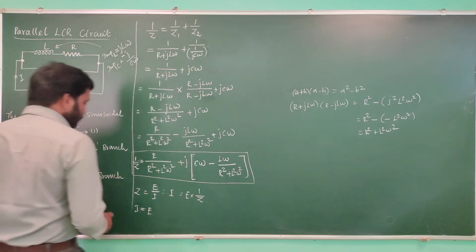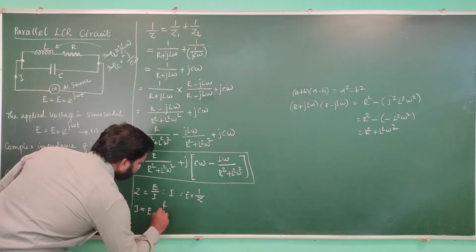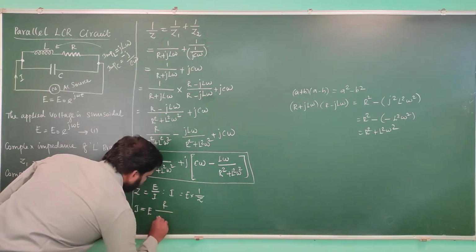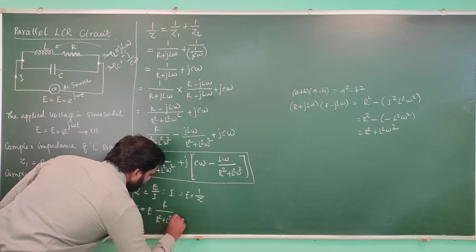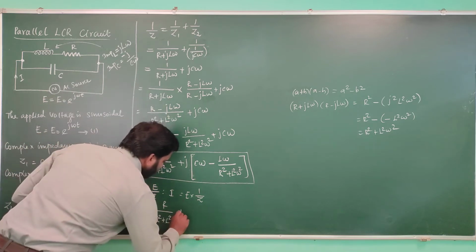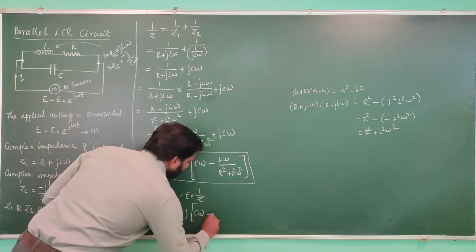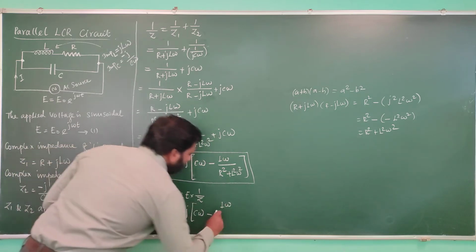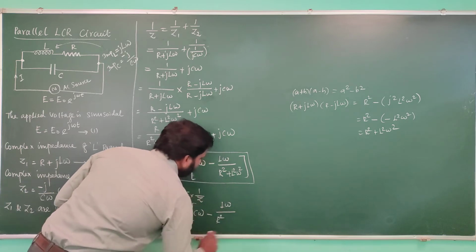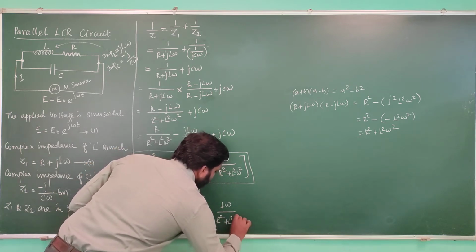Okay, then you can write R by R square plus L square omega square plus j (C omega minus L omega by R square plus L square omega square).